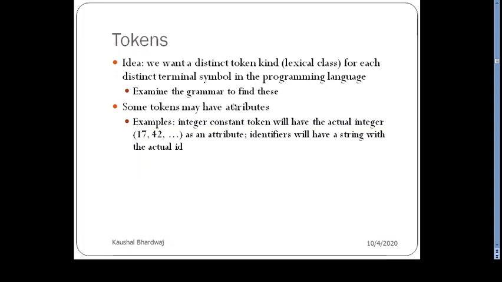What we want is a distinct token kind, a lexical class, for each distinct terminal symbol in the programming language. All the terminal symbols that we have in our program should be considered as tokens.